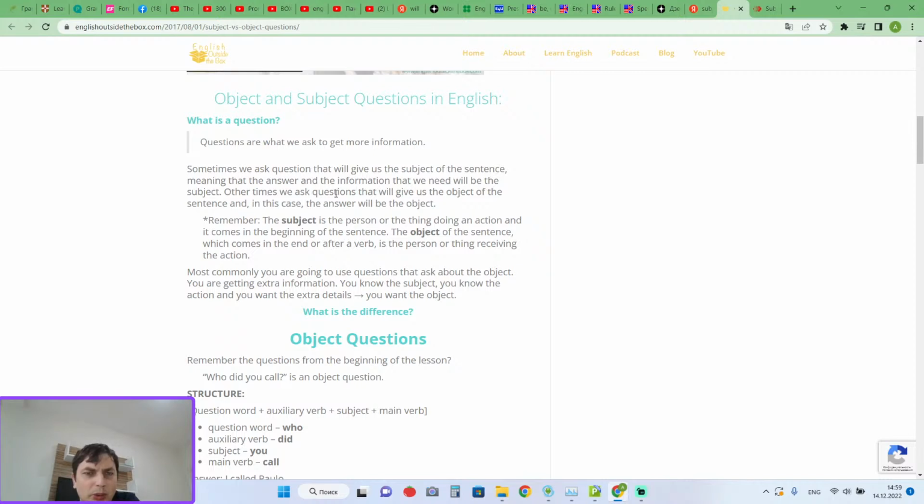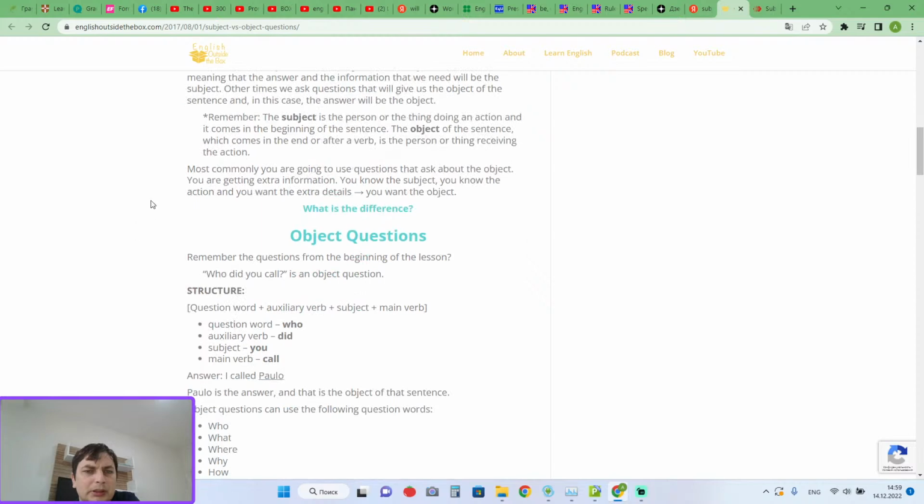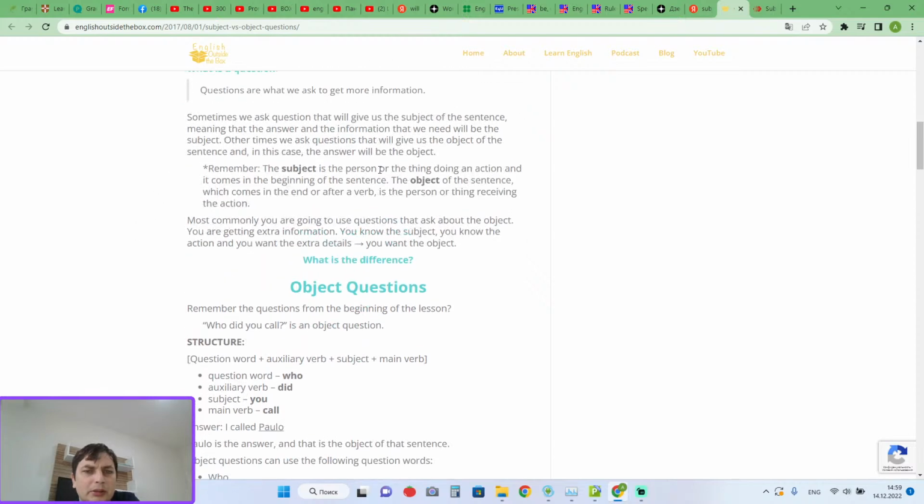Other times we ask questions that will give us the object of the sentence, and in this case the answer will be the object. Remember, the subject is the person or the thing doing an action, and it comes in the beginning of the sentence. Okay, I think you must write down this.